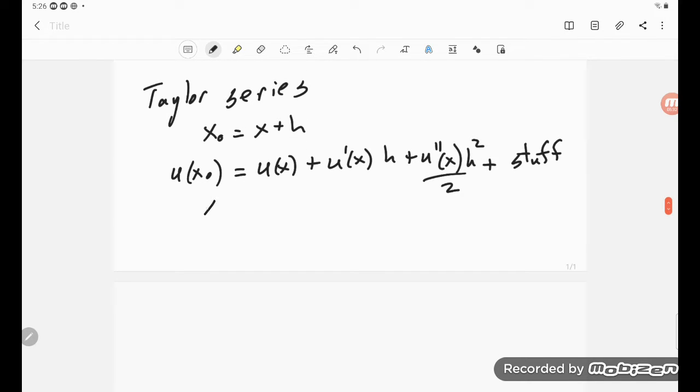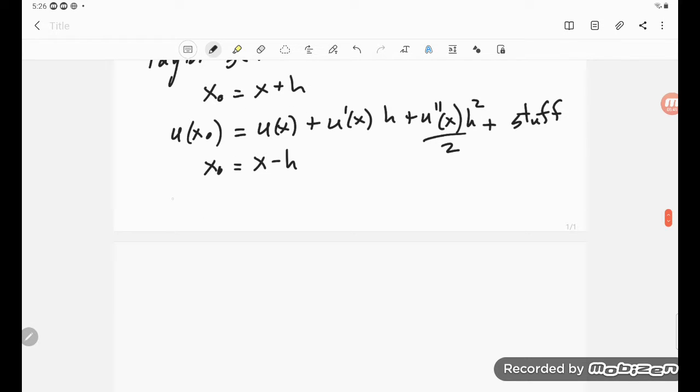Now, if instead I said, let's let x0 equal x minus h, then u of x0 would equal u of x minus u prime of x times h.